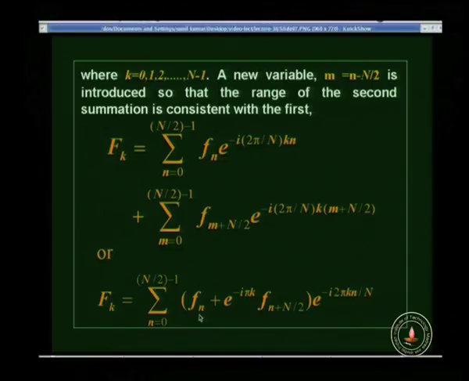Okay, and then I say that I can write the discrete Fourier transform now as f_n plus e to the power of minus i pi k f of n plus N by 2, times e to the power of minus i 2 pi k n by N, and 2 pi by N is our omega naught, and e to the power of minus i omega naught is w. So this part is actually w to the power kn.